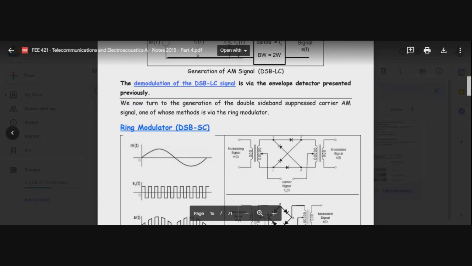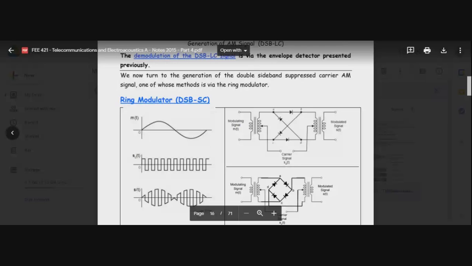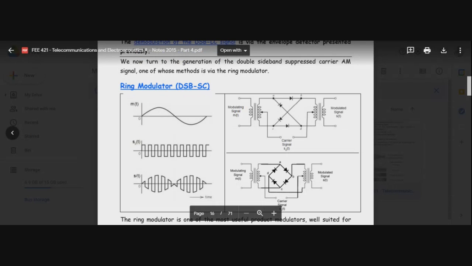The other one is called a ring modulator, and I'm wondering whether to go through with this, because I have an exam in this same course that is going on, and some supplementary exam that I'm supposed to be invigilating. I told the people to get started so that I'll join them later.